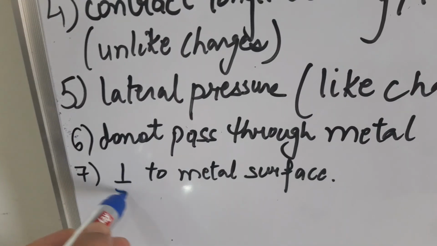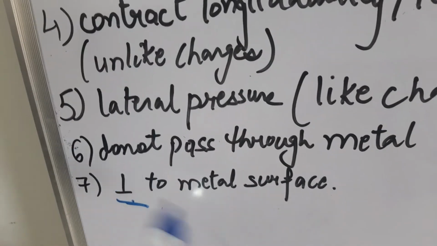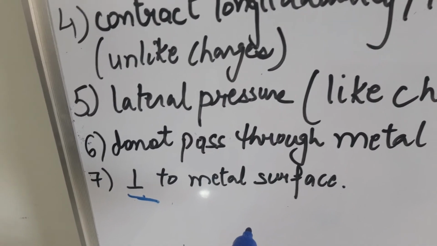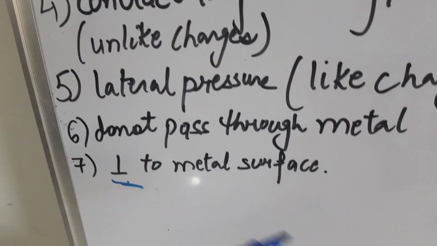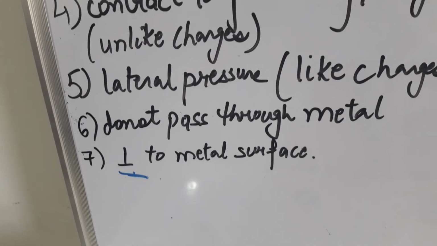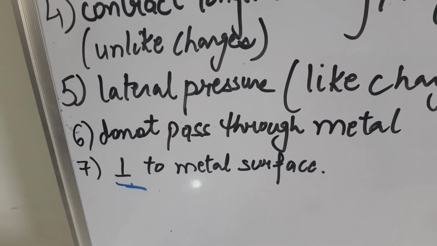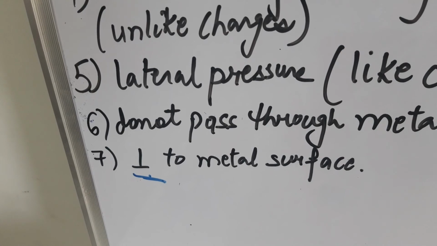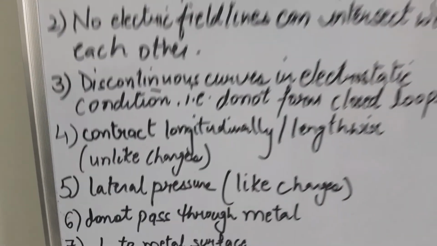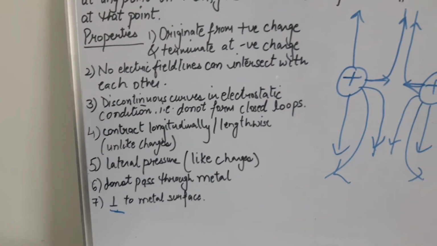In case they are not perpendicular, and make any angle with the surface of the metal, then there will be some tangential component which will contribute towards the flow of electrons, and this will violate the condition of electrostatics. So these are the various properties of the electric field lines.